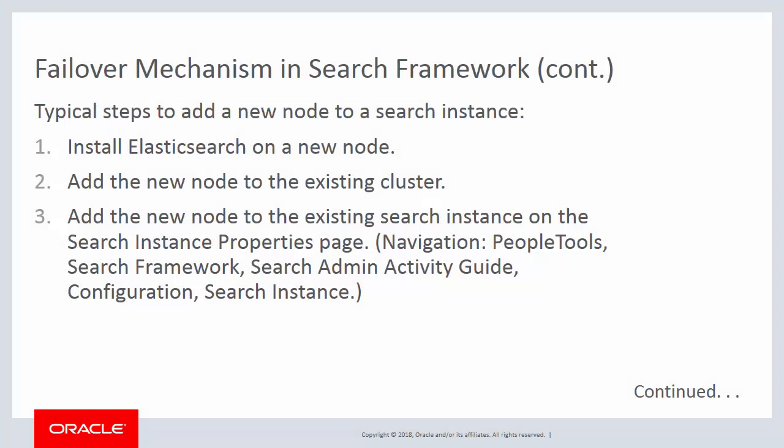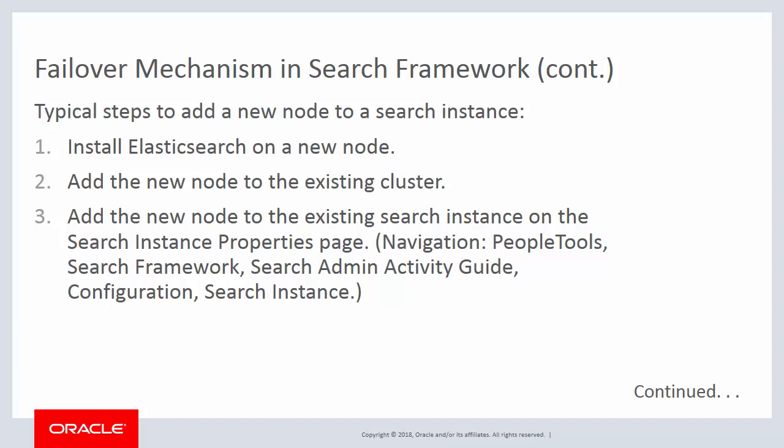When you install Elasticsearch and create a cluster with one or more nodes, and then integrate the Elasticsearch search engine with PeopleSoft through a search instance, you need to enter the node details in the search instance. If you do add new nodes to the existing cluster, then you need to add the details of the new node in the existing search instance. The typical steps would be: Step 1.